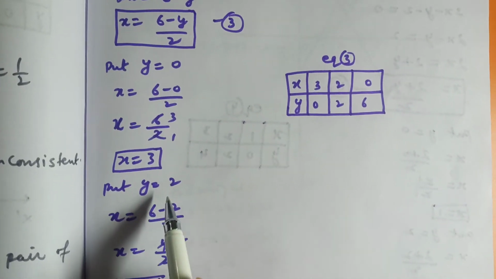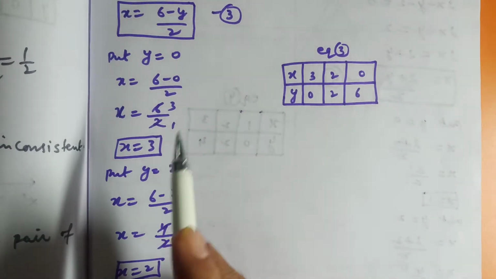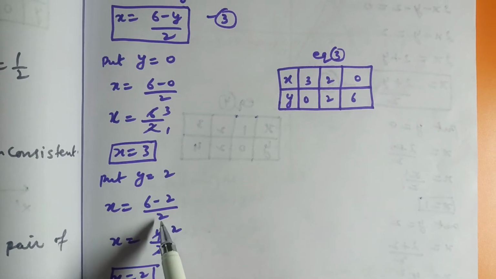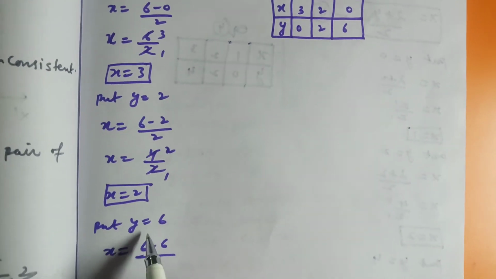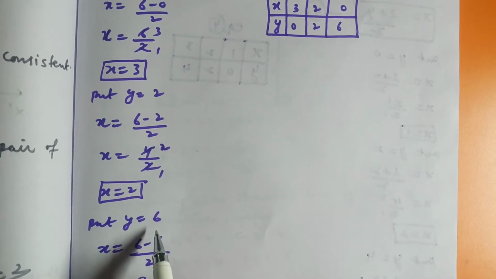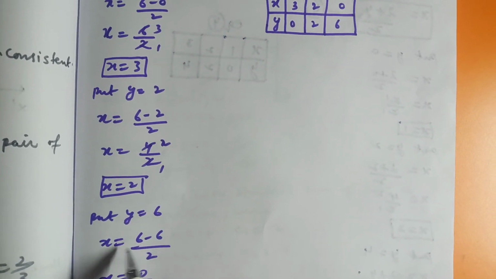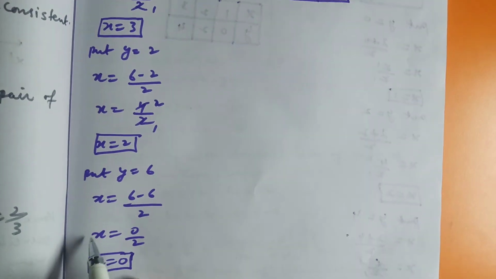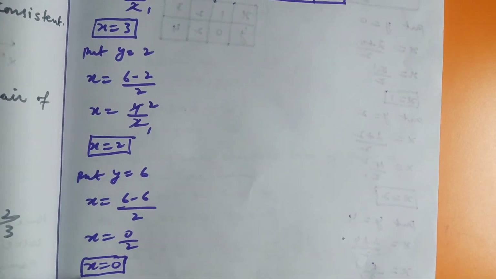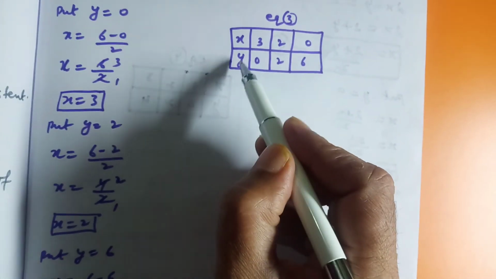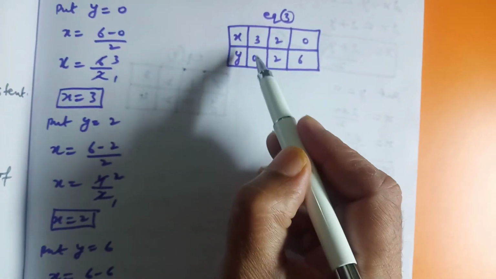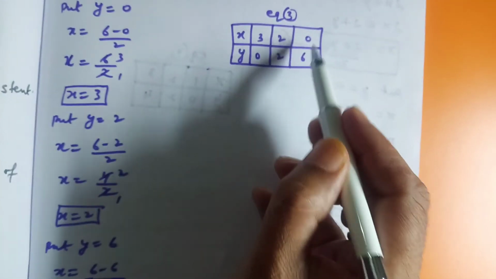Put the value of y as 2 in equation third, 6 minus 2 upon 2, that is 2. Put y equal to 6 in the third equation, we get x equal to 6 minus 6 upon 2, x equal to 0 upon 2, that is x equal to 0. These are the coordinates of x and y of equation third: 3, 0; 2, 2; and 0, 6.